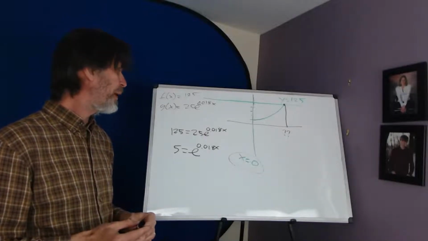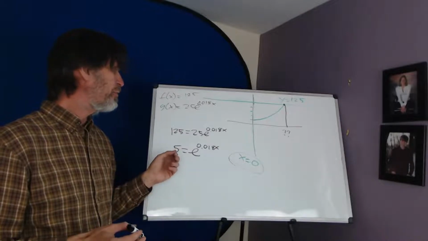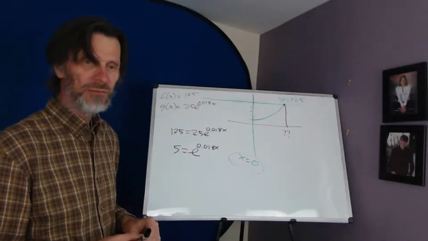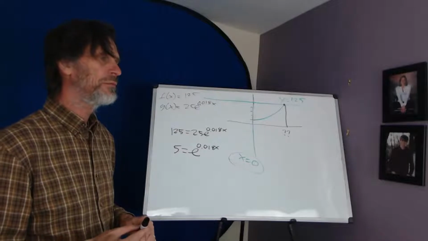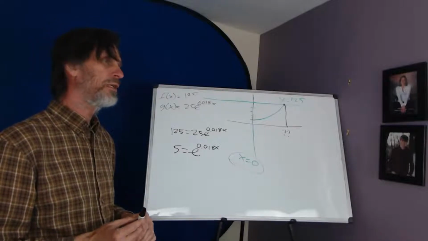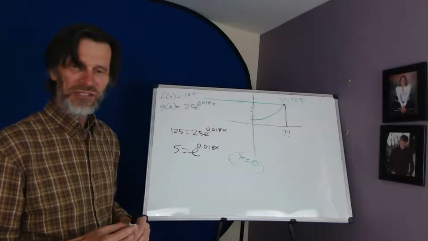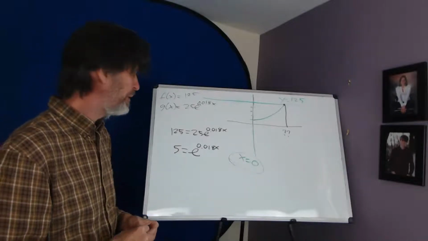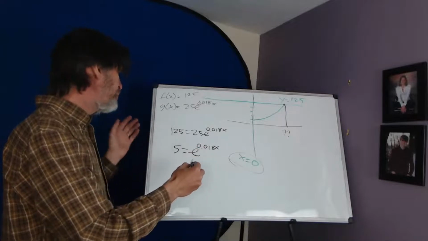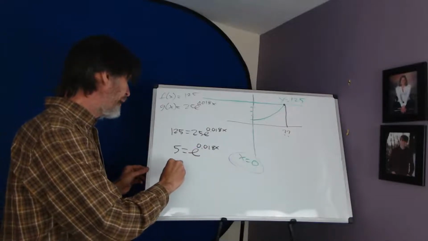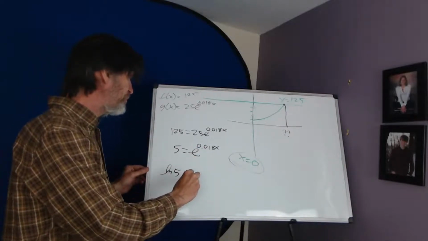So we need to know what the power of e is that's equal to 5. What algebra function allows us to do that? Natural log, sure. Natural log both sides works, or you could remember the definition of natural log.